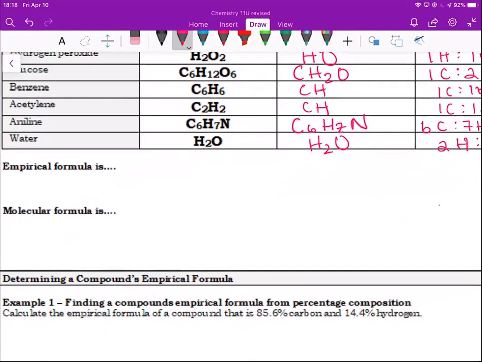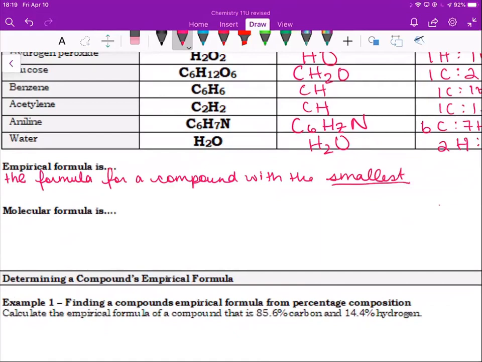And so the empirical formula is the formula for a compound with the smallest whole number mole ratios of the elements.